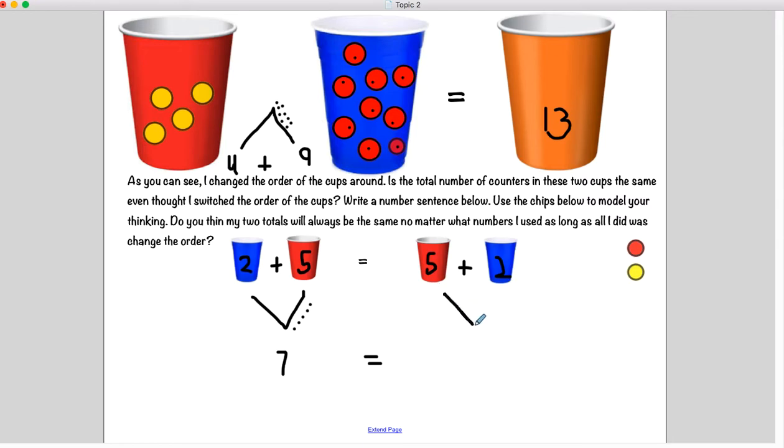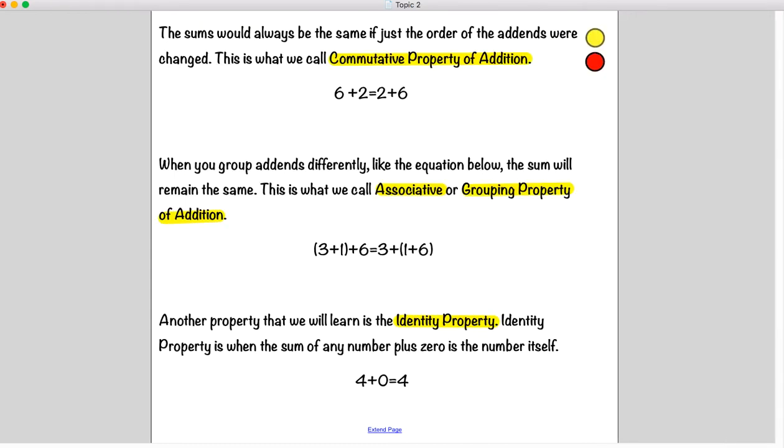I'm going to do the same thing, but I'm going to start with 5 and add 2 more. 5, 6, 7. I still have 7. So it doesn't matter what order that they move around, I'm still going to get the same answer. So the sum will always be the same if the order of the addends were changed. That's what we call commutative property.